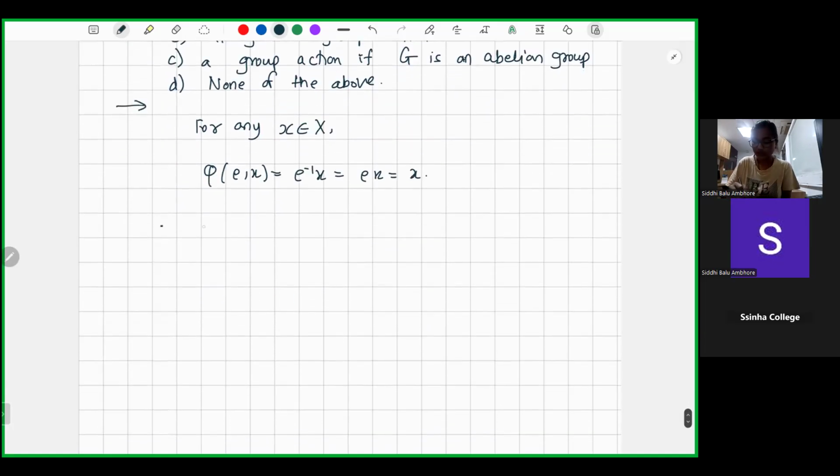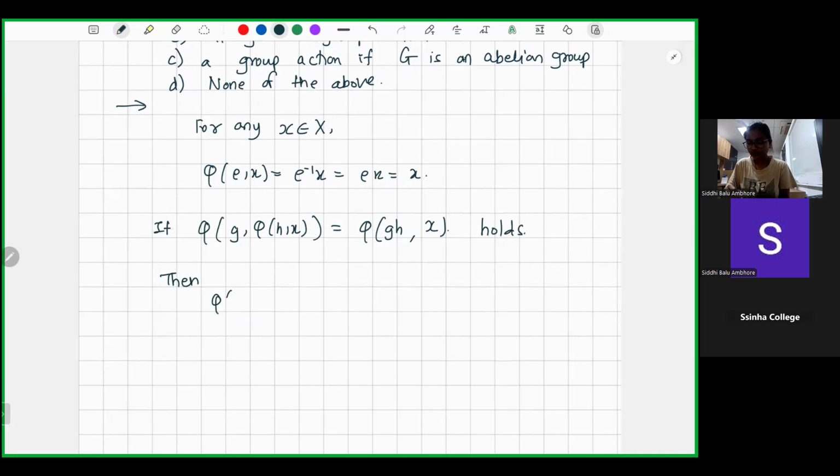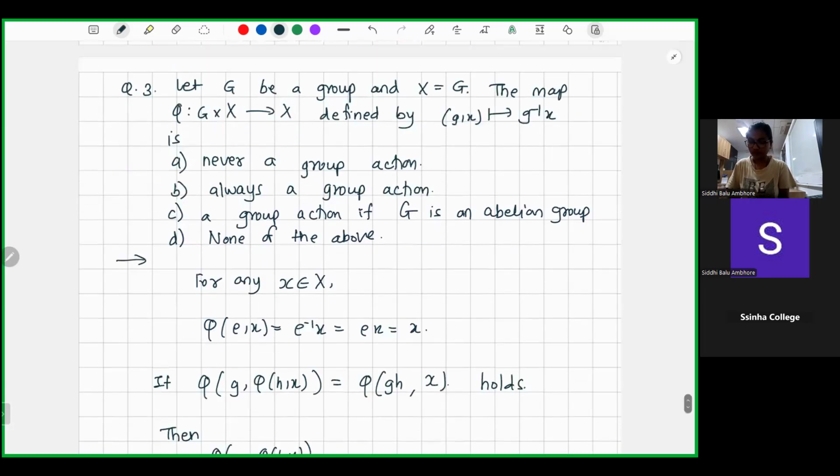That is, we have to check whether phi of G, phi of H, x is equal to phi of GH, x or not. We need to check this. If this holds, then what will we have? This phi of G, phi of H, x is what?